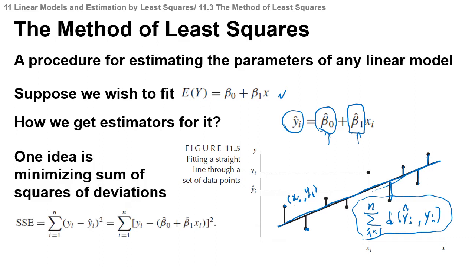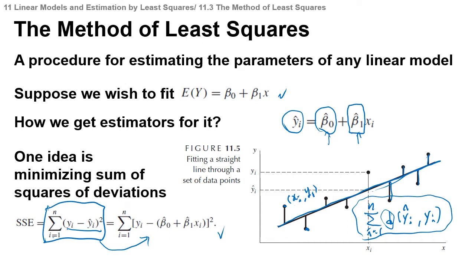And so the method of least squares is specifying this distance as squared distance. In the method of least squares, we are minimizing the sum of squares of yi minus yi hat, and this is something that we want to minimize. This expression can be written as this.